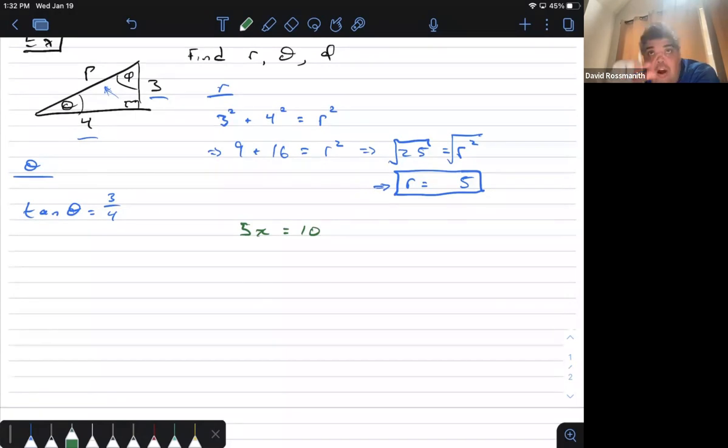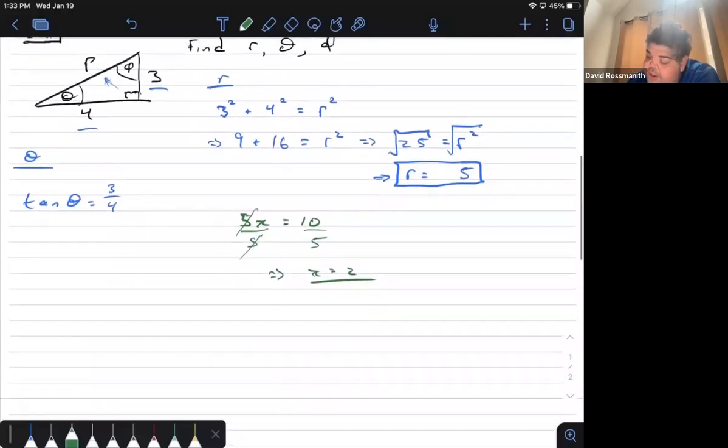To get out of that, I do the opposite of multiplying by 5, which means divide by 5. Whatever you do on the left, you've got to do on the right. By dividing by 5, you've done the opposite operation, which cancels out that 5, and now you're left with x equal to 2. So we know how to do that from algebra.